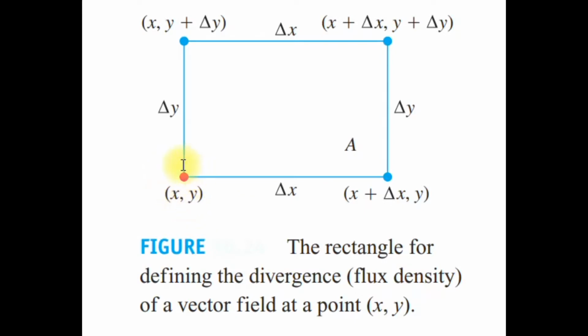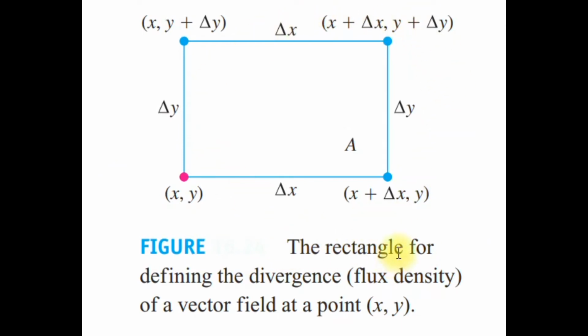Let (x,y) be a point in a region R, and let A be a small rectangle with one corner at (x,y) that along with its interior lies entirely in R. That is, this rectangle lies inside the region R we are considering.